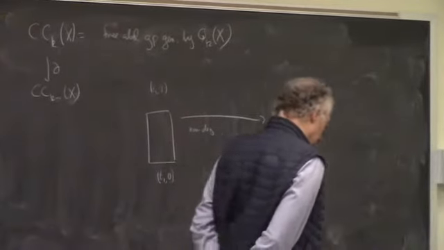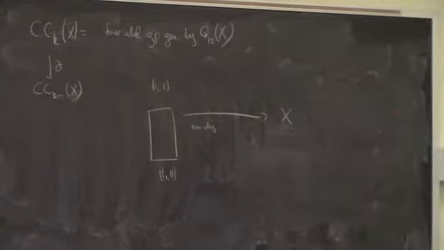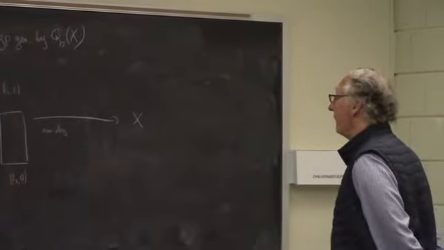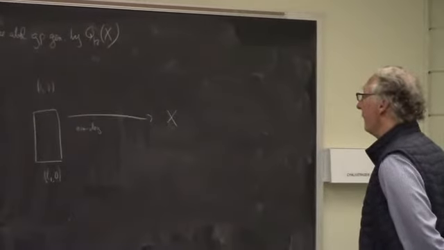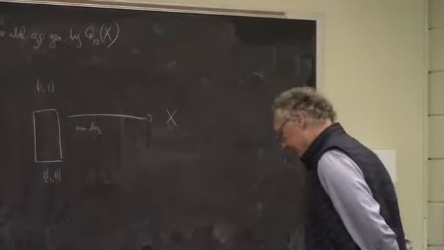Are you worrying that the image of this map will map to degenerate stuff? Degenerate thing. Yeah. So maybe the top just maps to a point, and the map is not really fun.